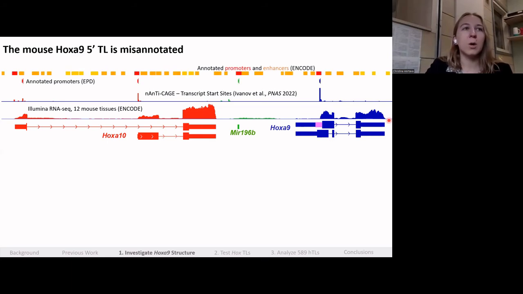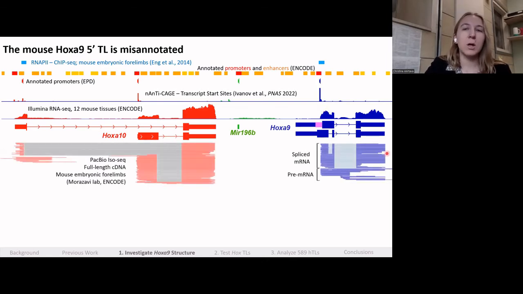There was also ENCODE data and EPD data for promoter elements, and the promoter elements aligned with this mapped transcription start site and would support a shorter version of the HOXA9 transcript leader. There's also RNA-Pol2 data, which again aligned with this promoter element and transcription start site.